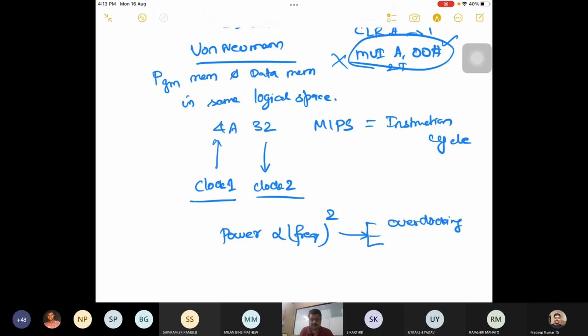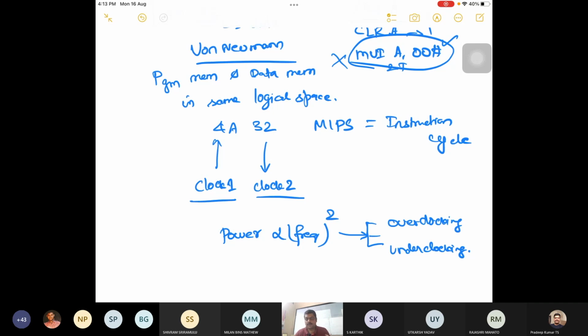If you play games or are developing games, you might know about overclocking and underclocking. Overclocking means that beyond the capacity of the processor, you are increasing the clock frequency to make it faster. Underclocking means less than the stipulated range.